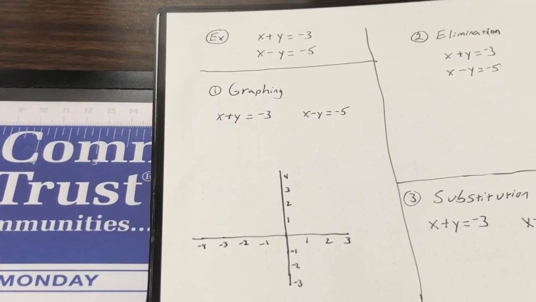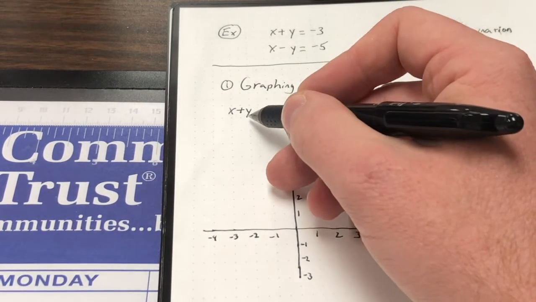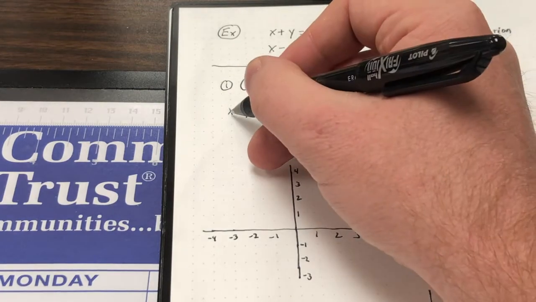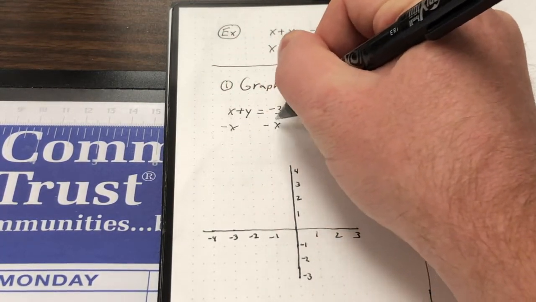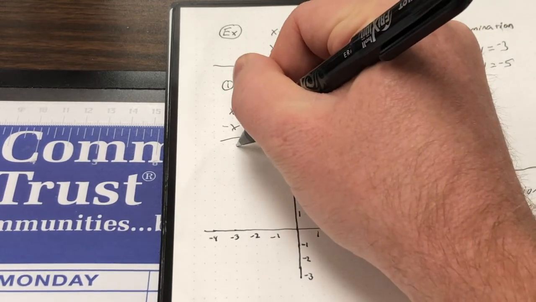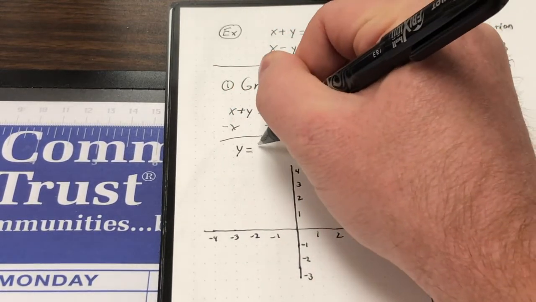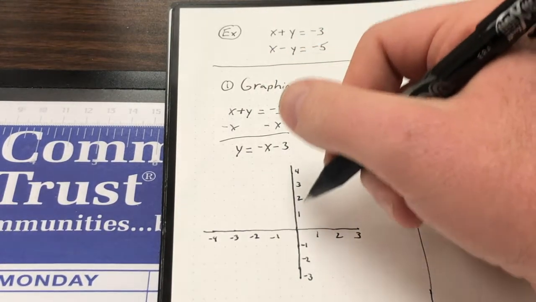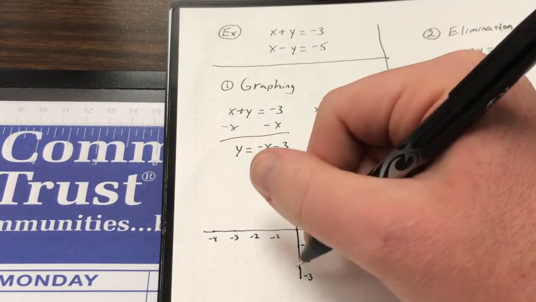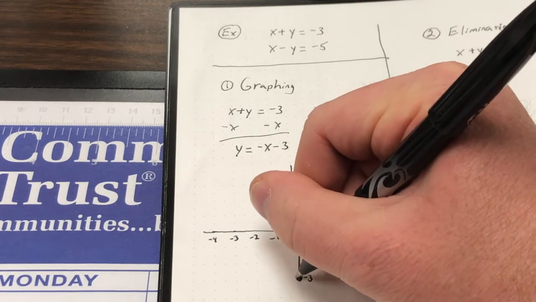But to graph, I want y by itself, so to get rid of the x here, I'm going to subtract x over. That's going to leave me with y equals negative x minus 3. So I can graph that starting at negative 3.